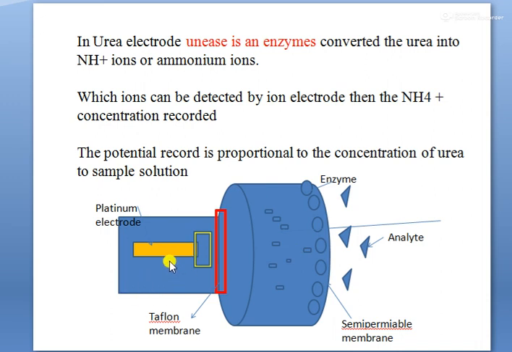These signals go through the amplifiers and processors. The processor and amplifiers measure the signals and display the concentration of NH4 plus ions, which is mainly the concentration of urea. So that is how the urea biosensor gives the result of the concentration of urea.